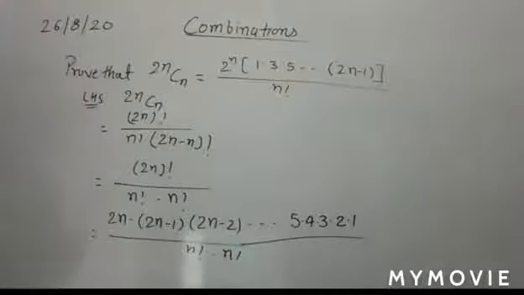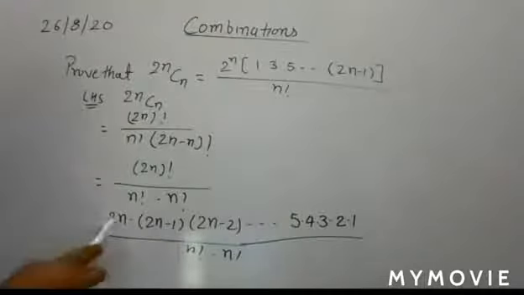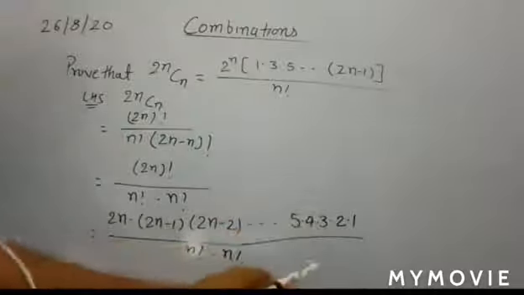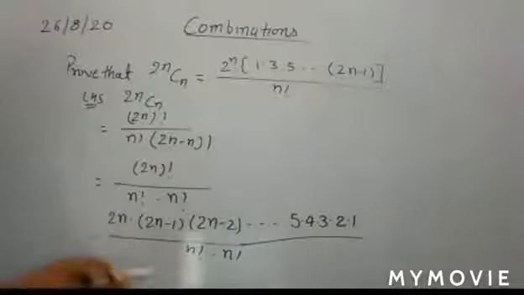Factorial n into factorial n, you can write in this way, and just see how many terms there are from 2n to 1. From 2n to 1 it contains 2n terms, understand? And in those 2n terms, n terms are even and n terms are odd.